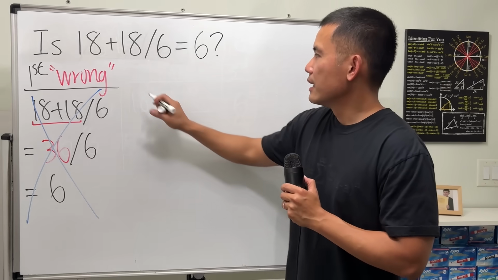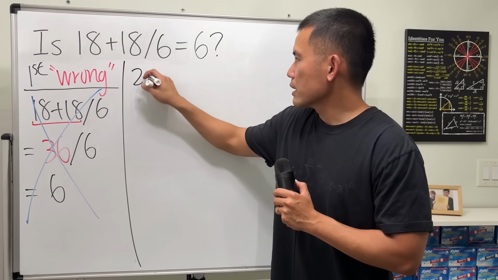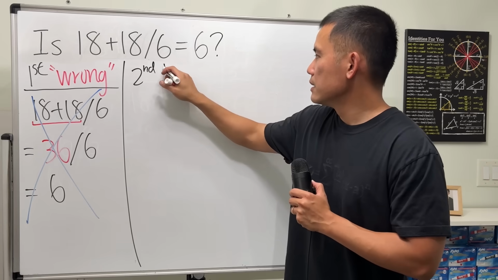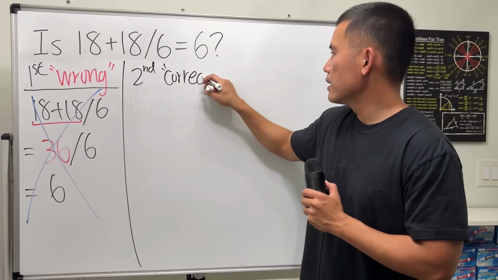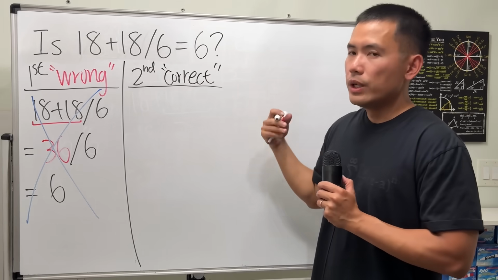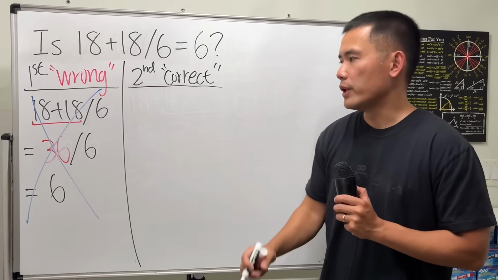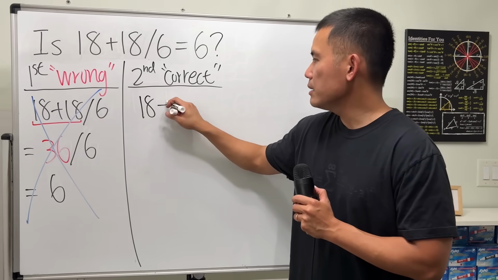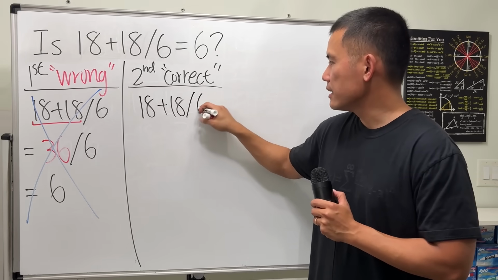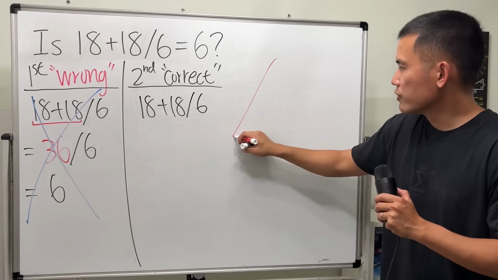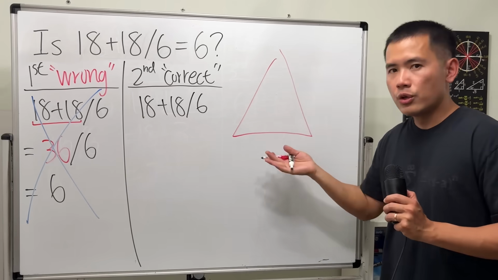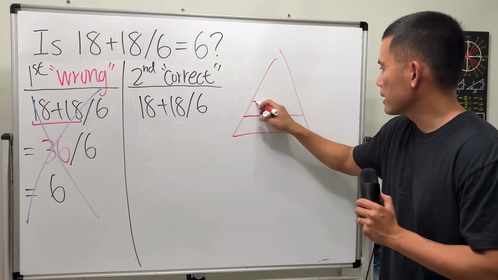Don't do that. Well, the correct order of operation is this. This is the correct way. We are supposed to divide first before we add. So when we have 18 plus 18 divided by 6, remember the order of operations? I like to show you guys with the pyramid like this.